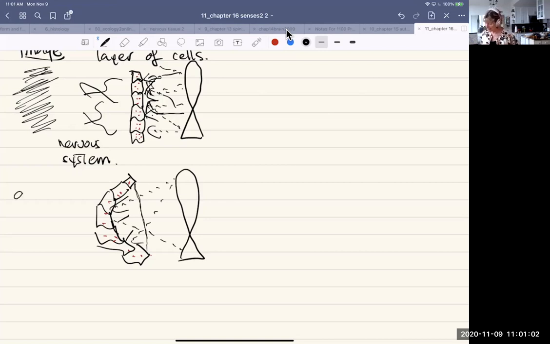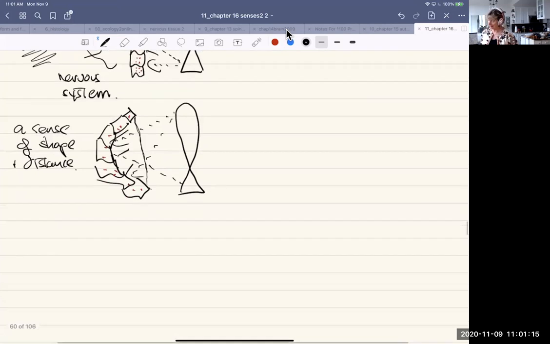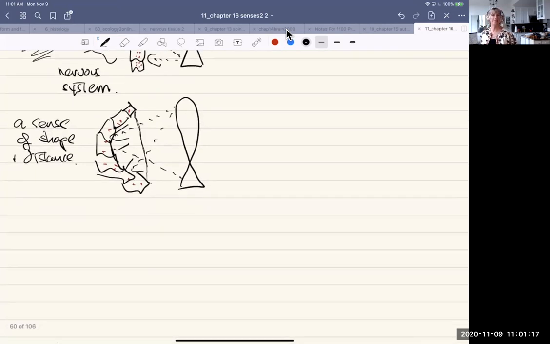So it gives the animal a little bit of a sense of shape and distance, because of the angle of light that's hitting the cells at a different angle now, collecting some of that light.